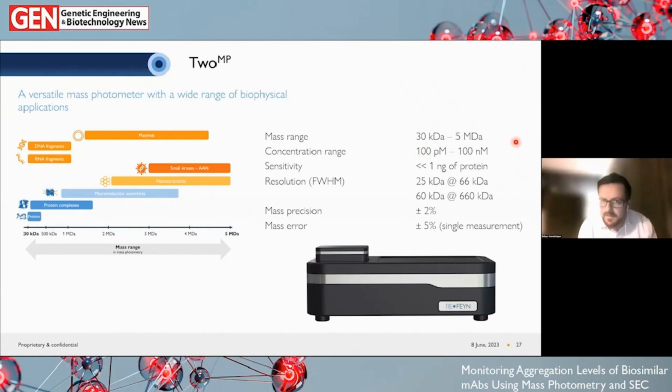It's a very sensitive approach in that you don't need a lot of material. We've looked at force degraded antibody samples for other collaborators previously, and in one particular study, I think we were working with 5 picograms of antibody per sample measurement. And you can see the mass precision and mass error here as well.